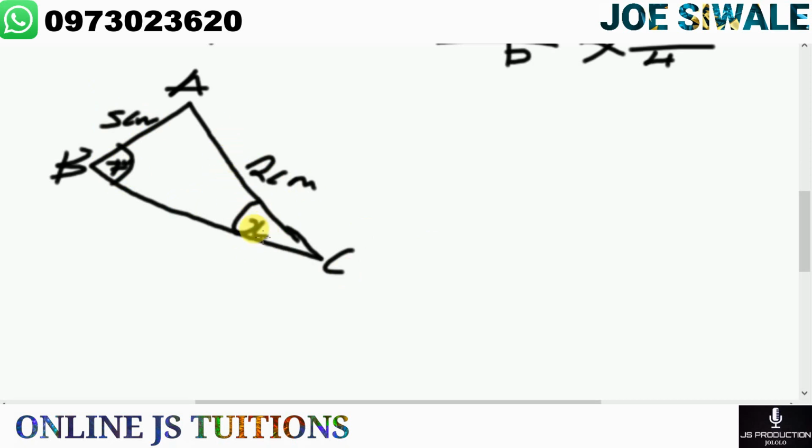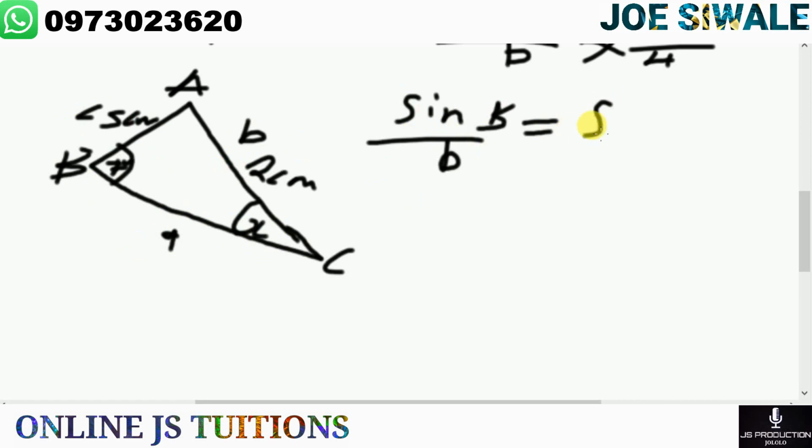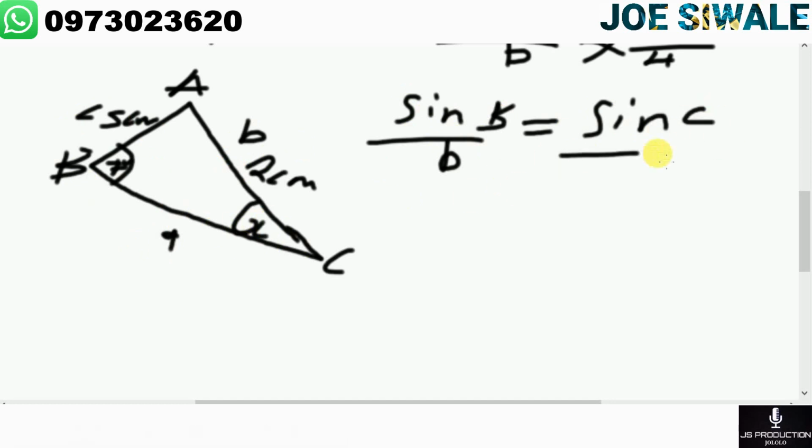before calculating x here, we know that here there's small letter b, small letter a, small letter c, and we can calculate the value of x here by using the sine rule. And we can say sine B over small letter b is equal to sine C over small letter c, since we are being told to calculate the value of x here.